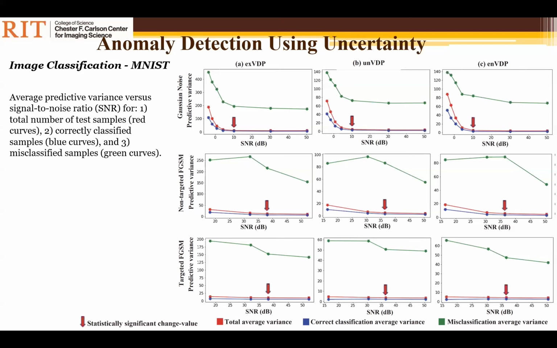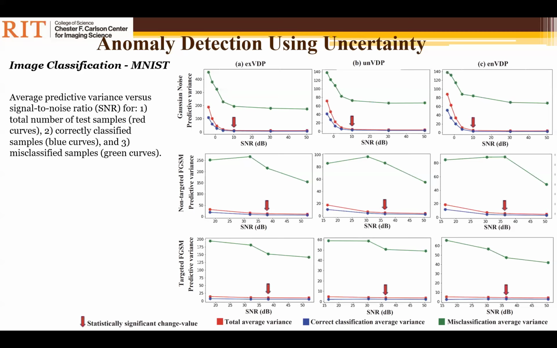We also plotted the variance, but now we want to differentiate the average variance for all test samples versus the variance for correctly classified samples and incorrectly classified, or misclassified, samples, which is where the model is actually making mistakes. So we wanted to see how the variance is different. And we noticed, this is the green curve, that even for the low level of noise, the variance for the misclassified samples, presented by the green, is always higher.